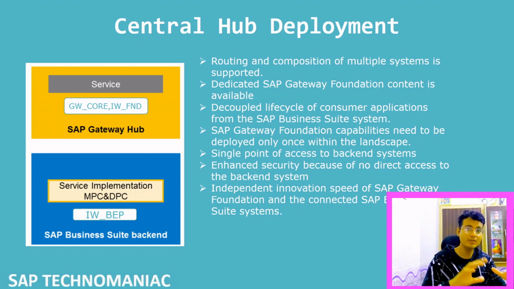Those kinds of common things you can do in the central hub, in your SAP Gateway Hub system itself. So the content will be common for all your other backend business systems like ECC, CRM, SRM. All the content will be common.